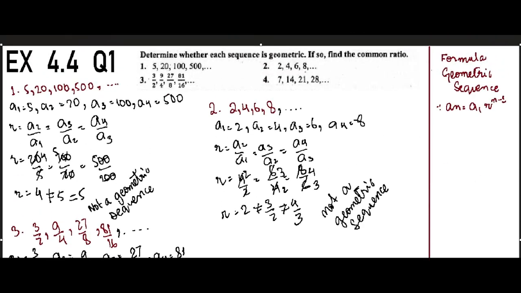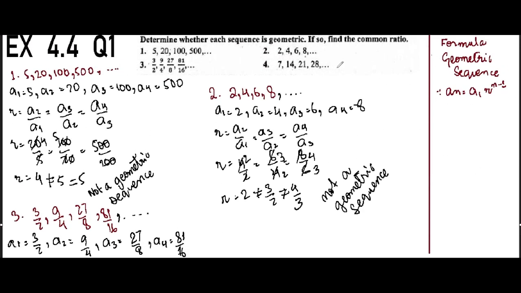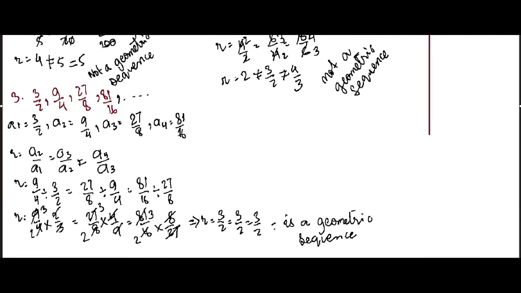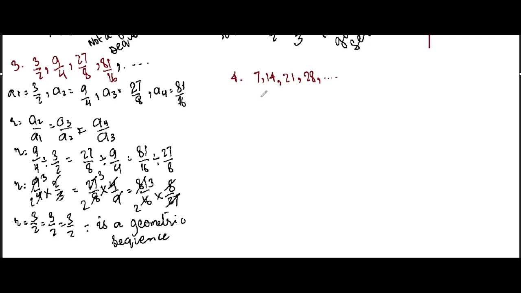Now the fourth question is 7, 14, 21, 28. Now again fix this. a1 equals 7, a2 equals 14, a3 equals 21, and a4 equals 28.